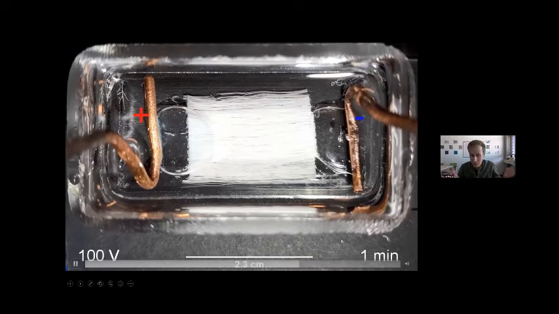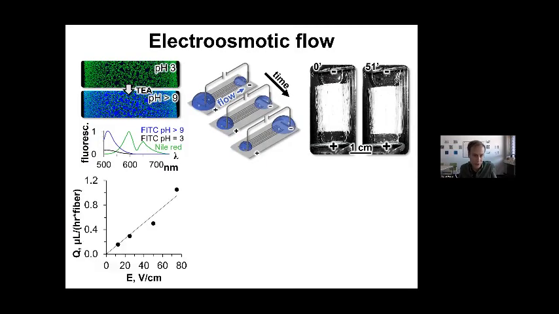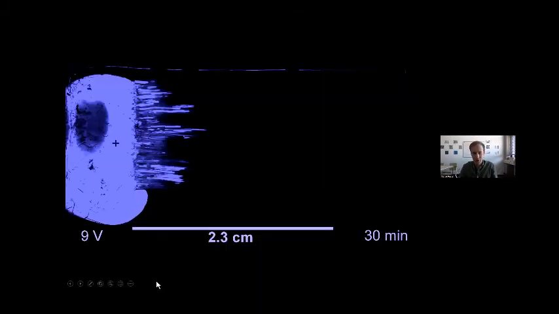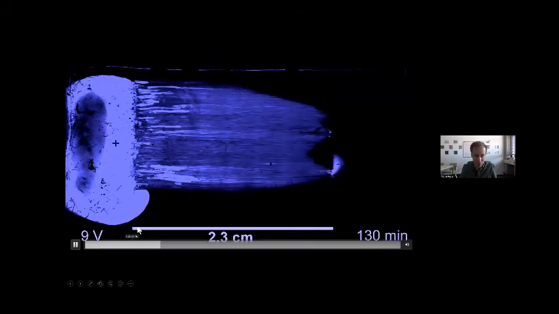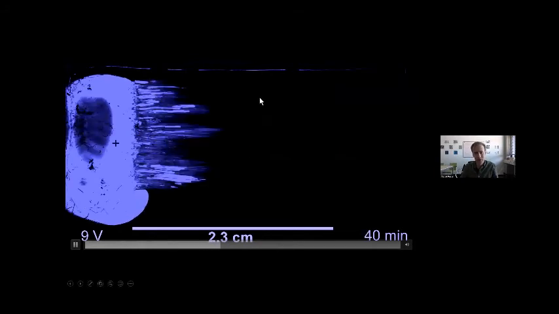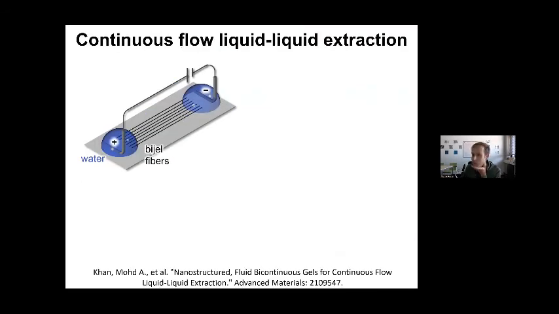Good. So you can now measure the volumetric flow rate of water through the fibers against the applied electric field. You can also show that a fluorescent dye can be transported from one end of the fibers to the other via this electroosmosis. And then you can use this for an application where we separate a chemical from the oil that surrounds the fibers into the fibers. So we flow water through the fibers, and then we place what I call a flow device above the fibers.